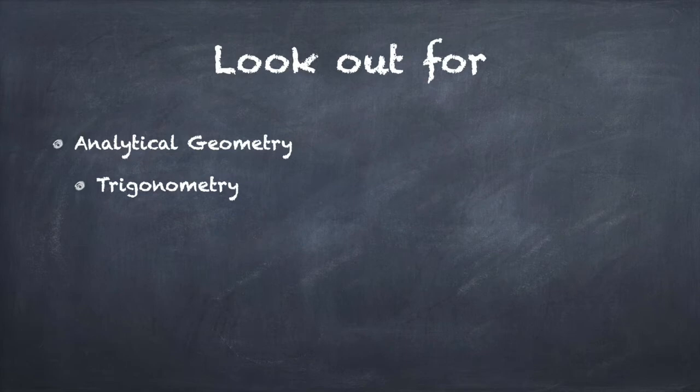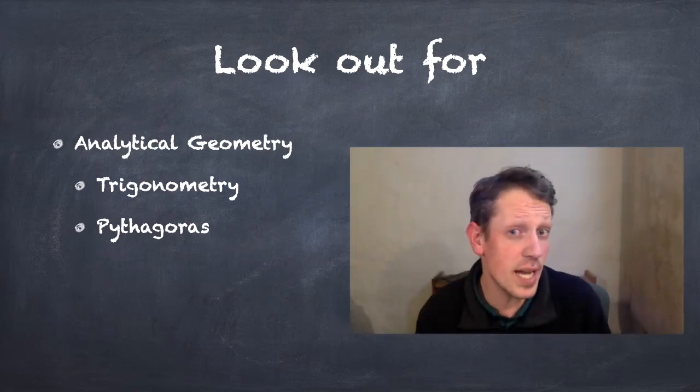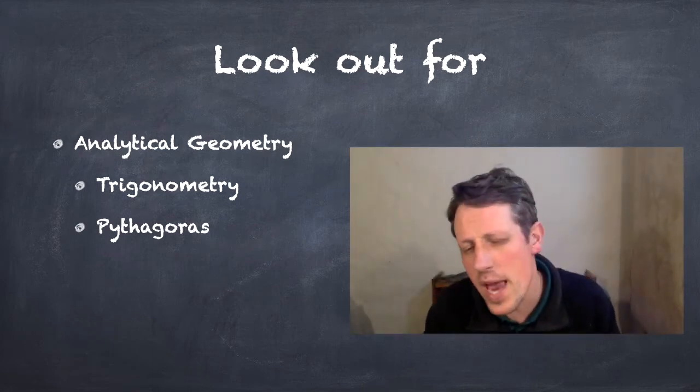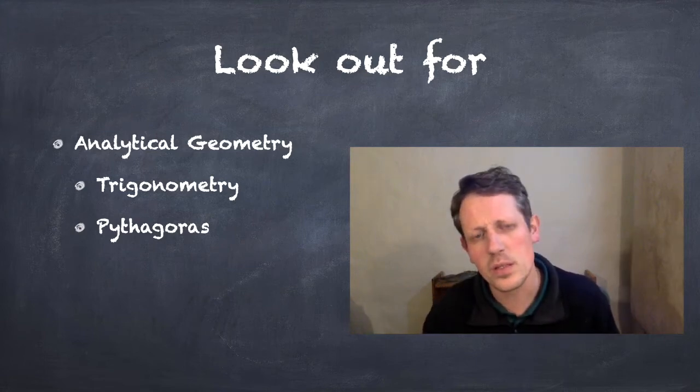Cos is adjacent over hypotenuse. Tan is opposite over adjacent. Look out for them in analytical geometry. Look out for Pythagoras. When there's a 90-degree angle, say you've got a radius and a tangent, you can use Pythagoras.